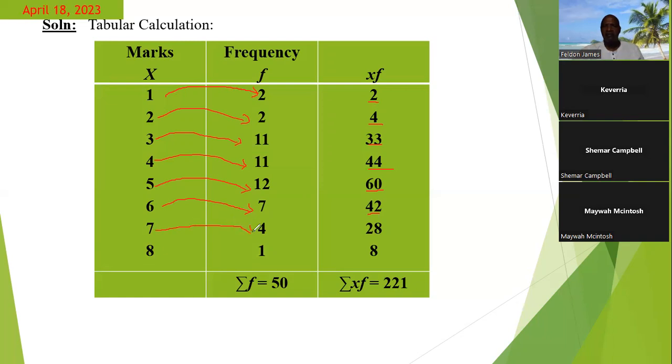And 7 times 4, we get 28. And 8 times 1, we get 8.